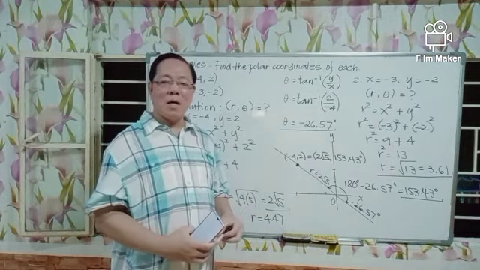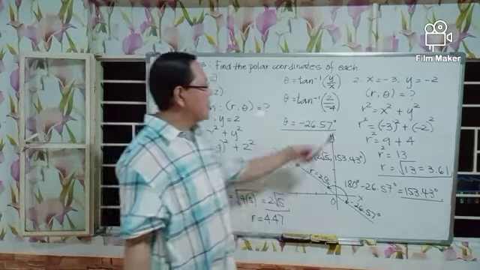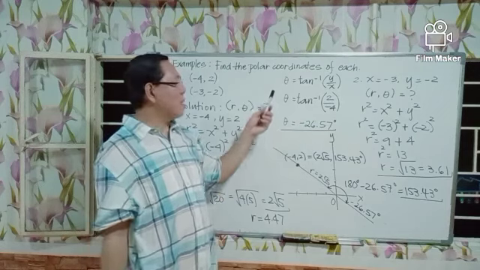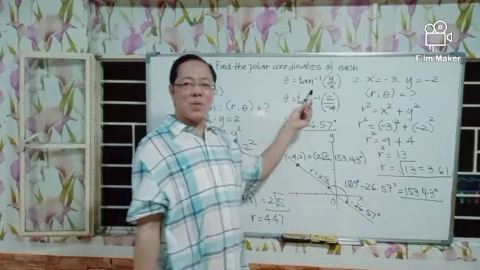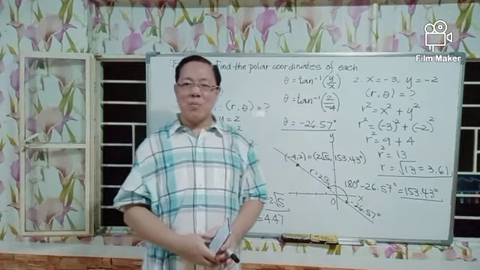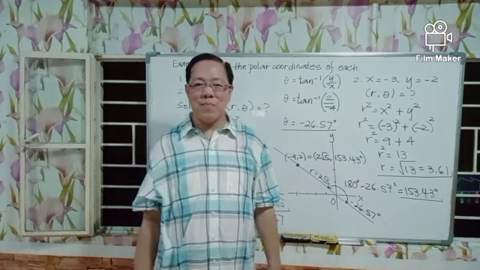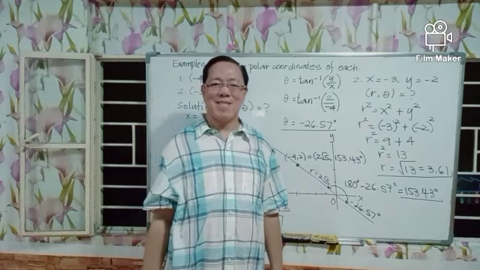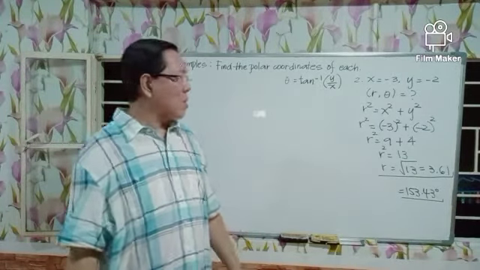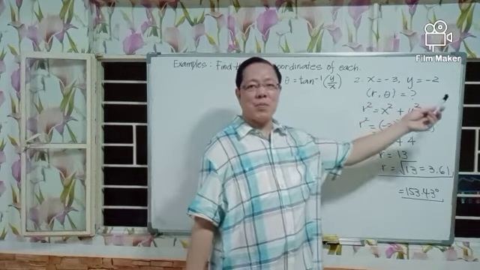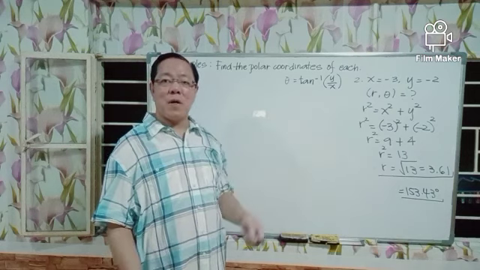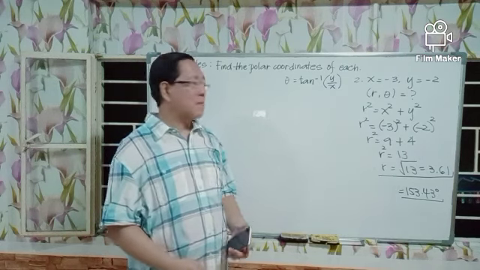Now we find the angular coordinate of this point using the tangent function: theta is equal to shift tangent of y over x. And then we will plot the point to see if we have the correct angular coordinate. We now find the angular coordinate of the point negative 3, negative 2, using this formula to find the angle theta obtained from the tangent function.